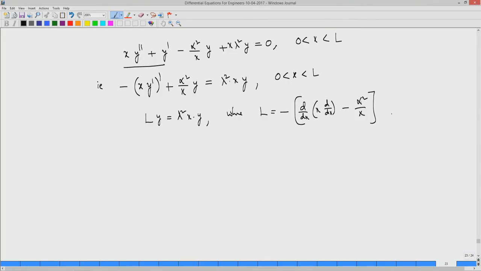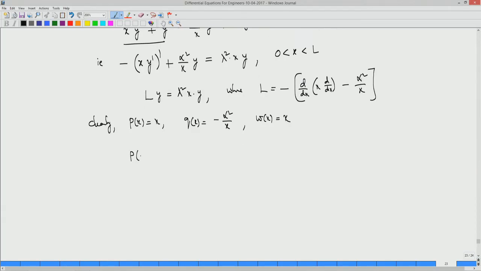This is a self adjoint form. Where p of x is x, q of x is minus alpha square by x, and w of x is x, with x between 0 and L.